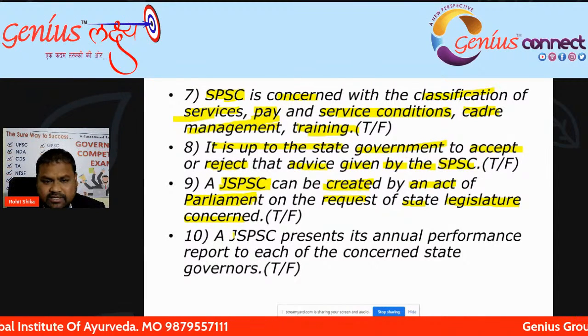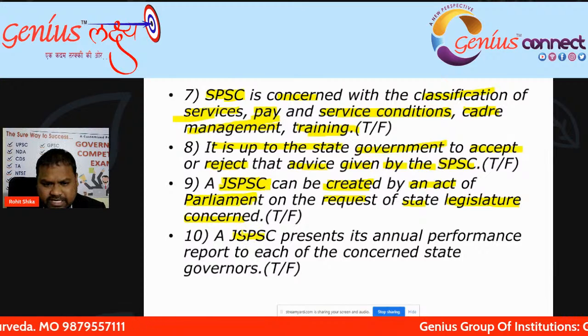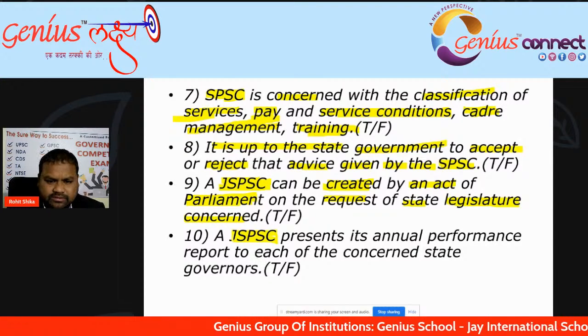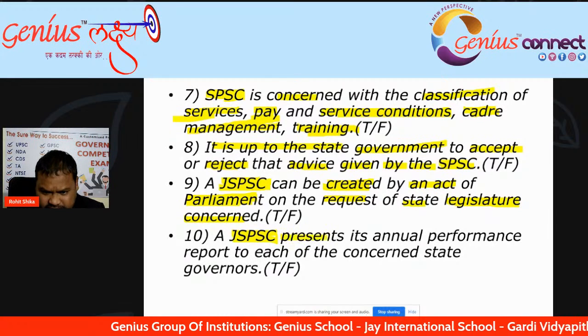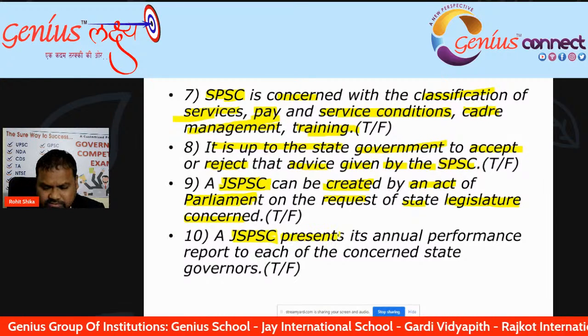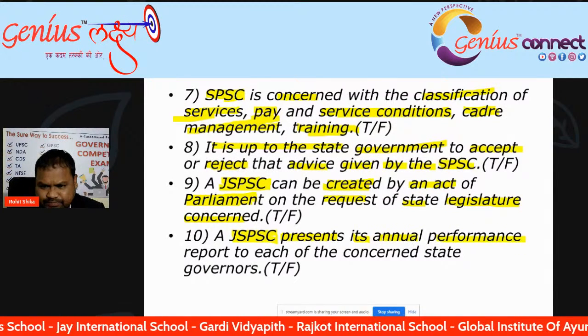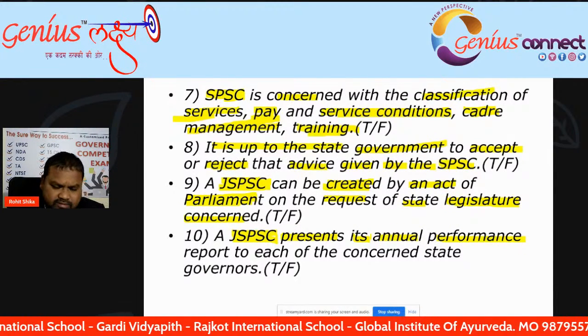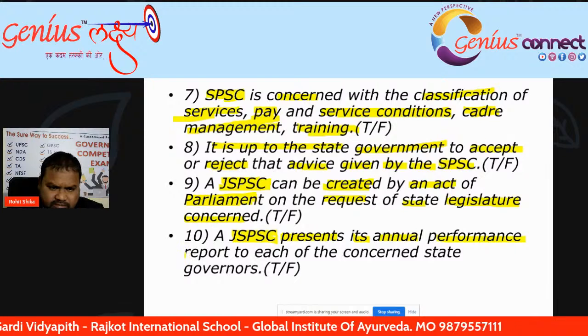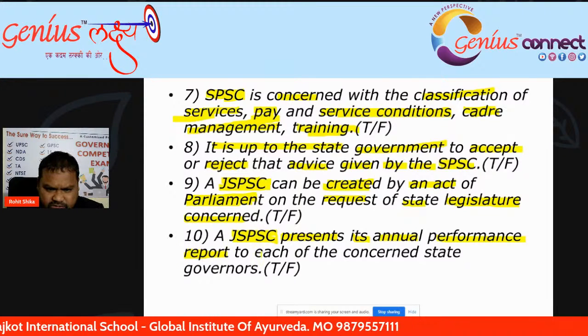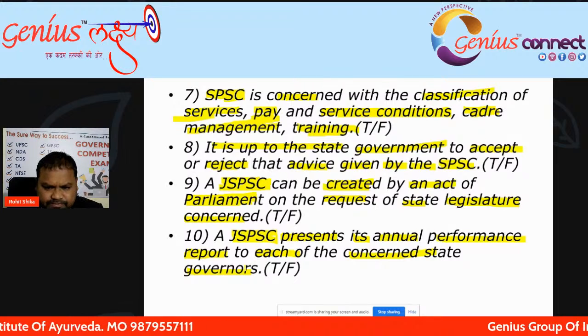A joint state public service commission presents its annual performance report to each of the concerned state governors.